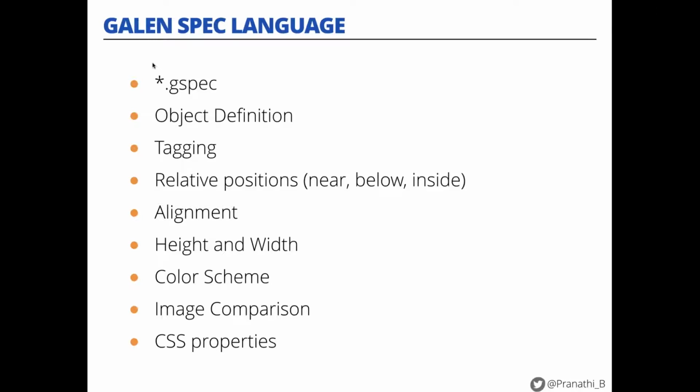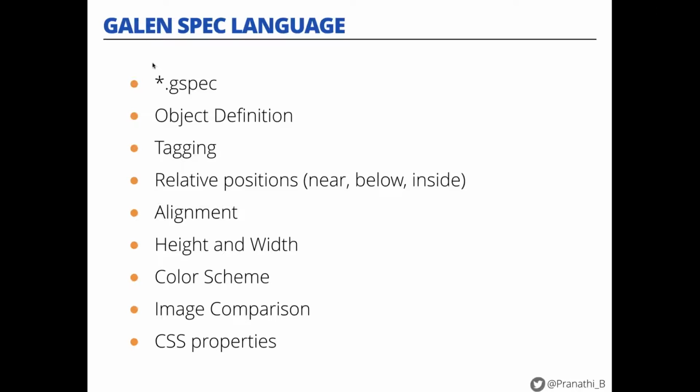You could say if there are three different blocks on your website, those three blocks are vertically aligned or horizontally aligned, etc. You can define all these alignments. You could also use height and width to write the spec file to define the layout. You could also test for the color scheme, which means you could say header text should be color white and the background should be color blue, something like that.